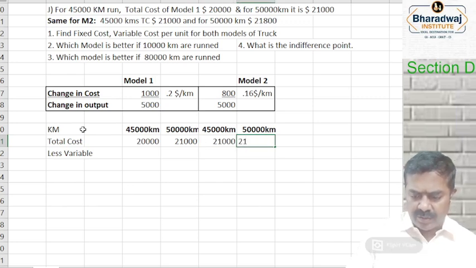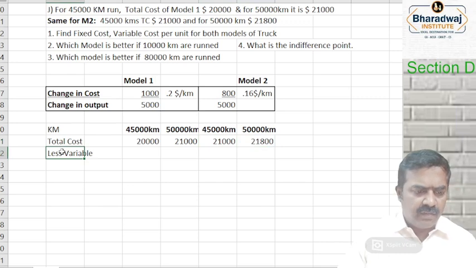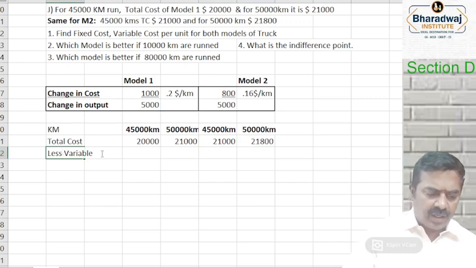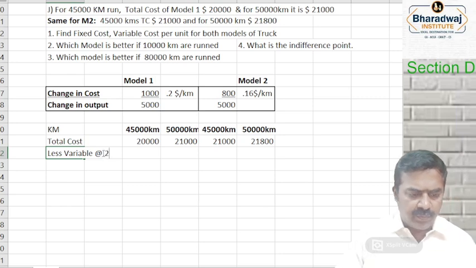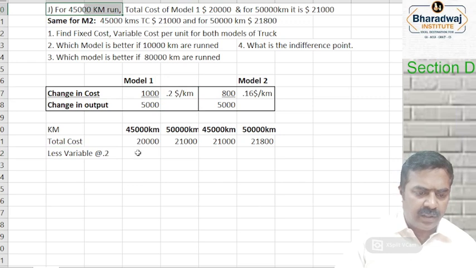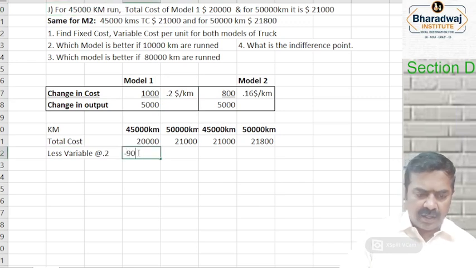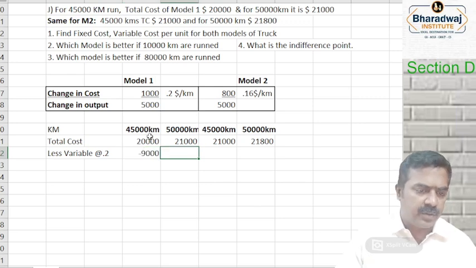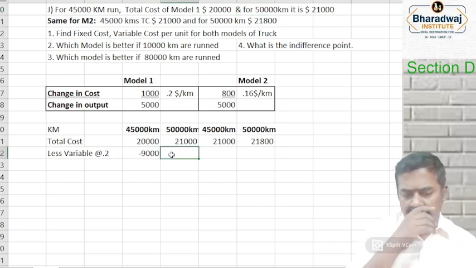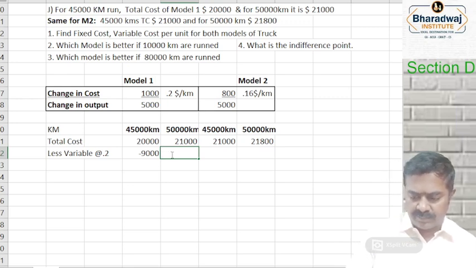21,000, 21,800. Variable cost will be at the rate of 0.2 for the first one. So 45,000 into 0.2 will be 9,000. 50,000 into 0.2 will be 10,000.